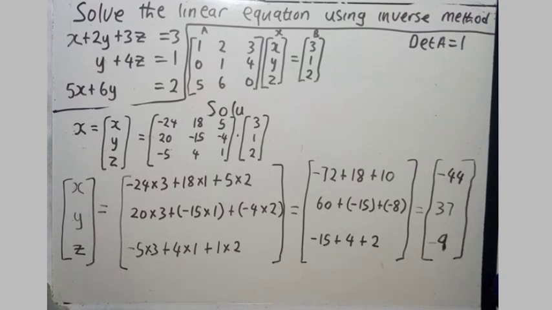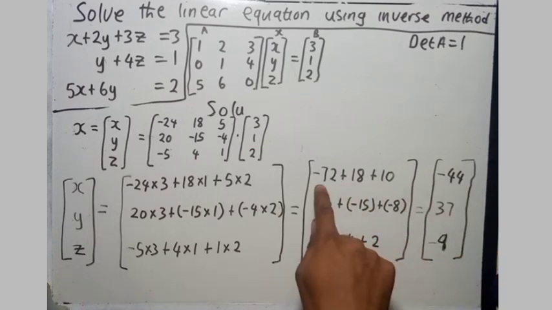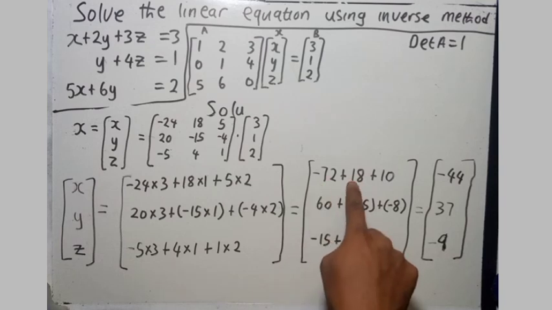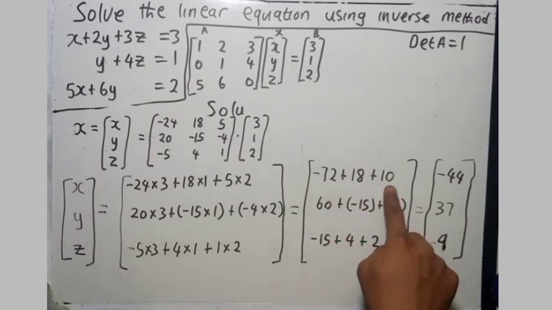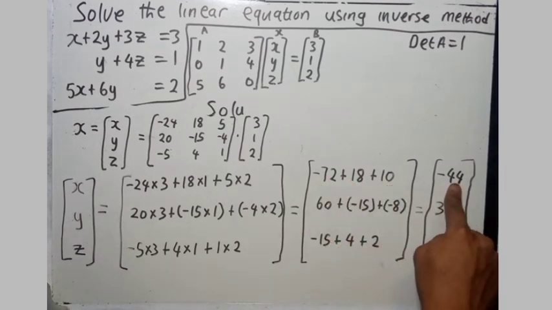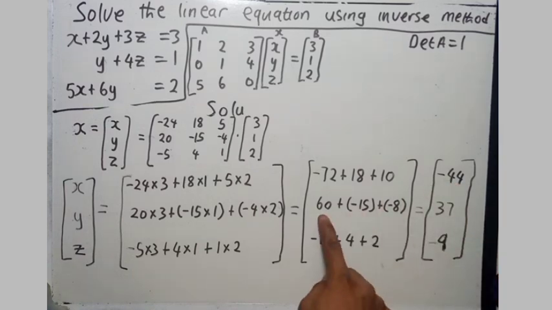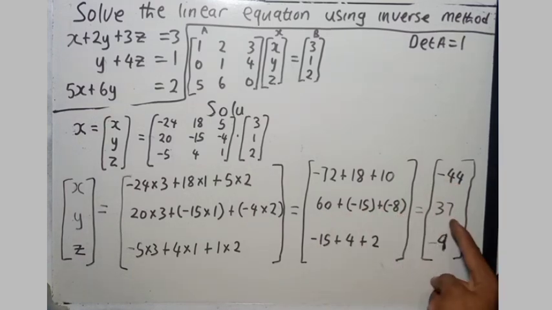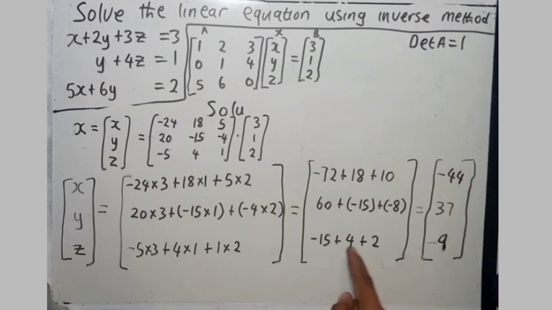So we have our answer to be what? Minus 44. This is minus 72 plus 18 plus 10, which will give us minus 44. 60 minus 15 minus 8 will give us 37. Minus 15 plus 4 plus 2 will give us minus 9.